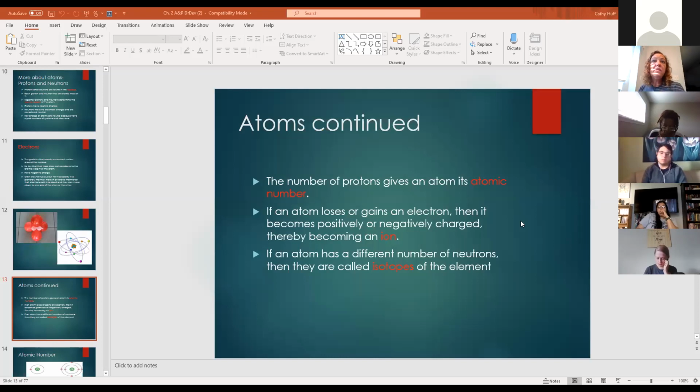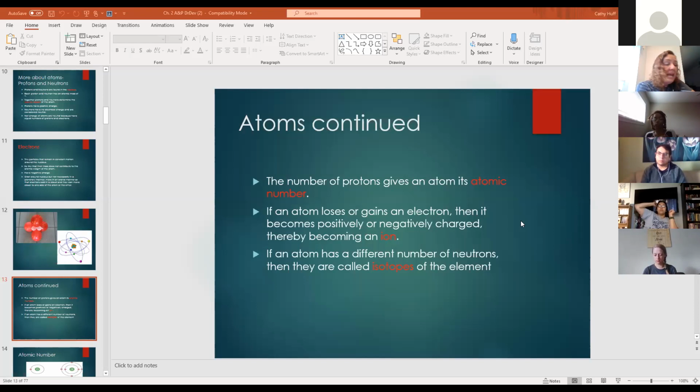The number of protons gives us our number. So protons and neutrons together give us our weight. Electrons do not contribute to the weight because they don't really weigh anything. The number of protons alone gives us our atomic number. Now, if we gain or lose an electron, this is what we now refer to as an ion. Ion is simply the term for we have gained or lost an electron.